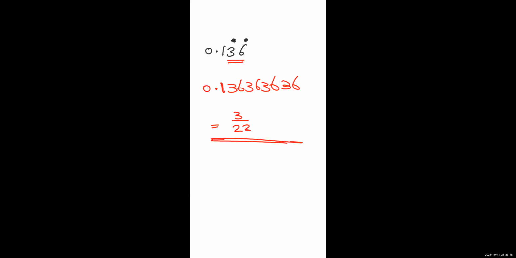One more question: 0.15 with 2 dots. This means the number is 0.15151515. By using the calculator, it will equal 5 over 33. Great. Teacher, I multiplied by 100 in the calculator.